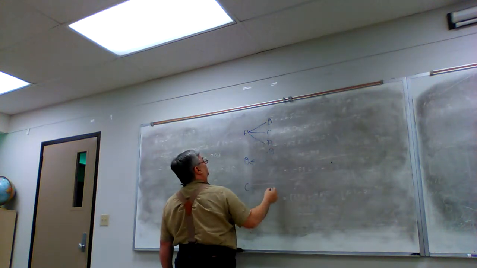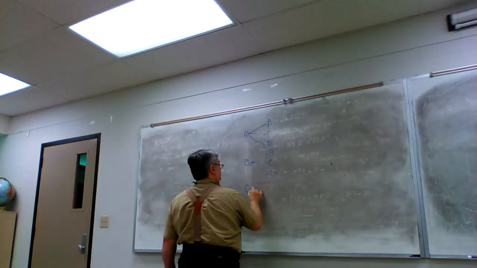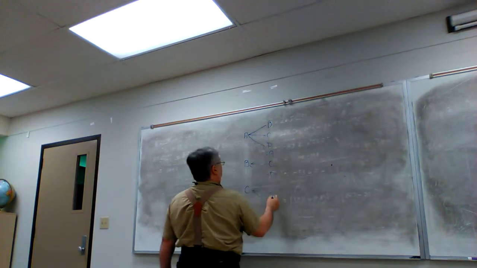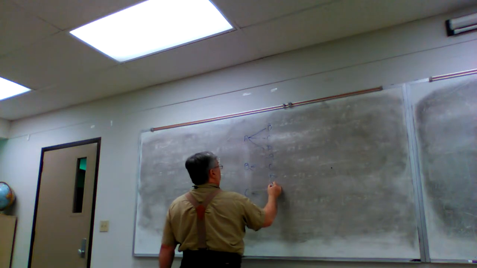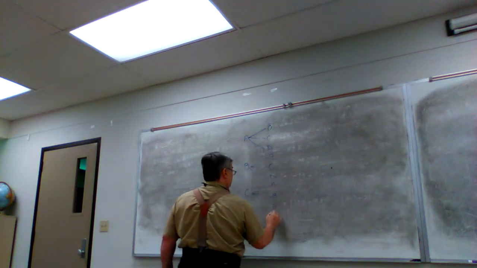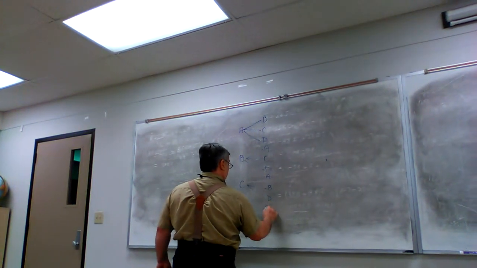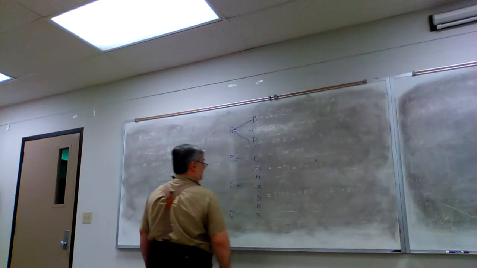If you choose B first, you can choose A, C, or D second. If you choose C first, you can choose A, B, or D second. And if you choose D first, you can choose A, B, or C second.